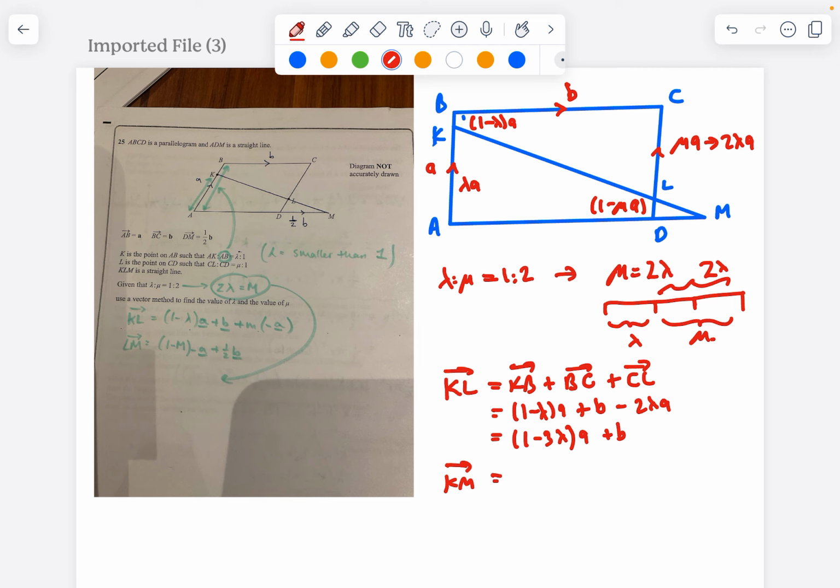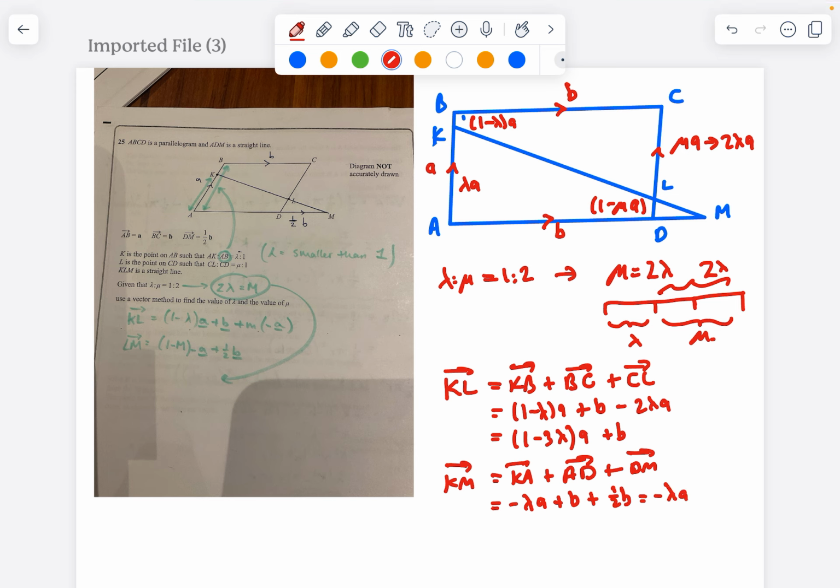I'm going to go from K to A, from A to D, and then from D to M. So K to A is minus lambda A. A to D is parallel to BC, so that's B. And then D to M, we are told that D to M is half a B, so we'll add a half B. And again, let's collect the terms.